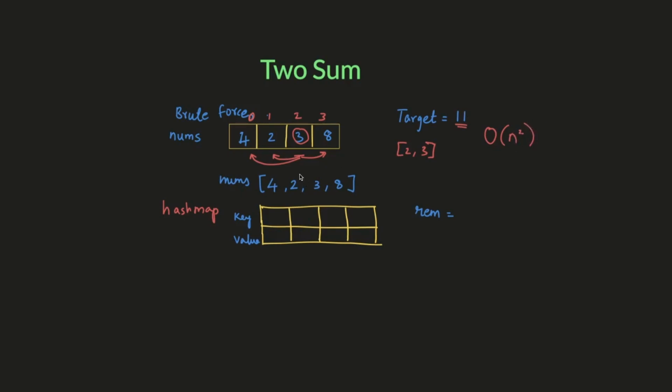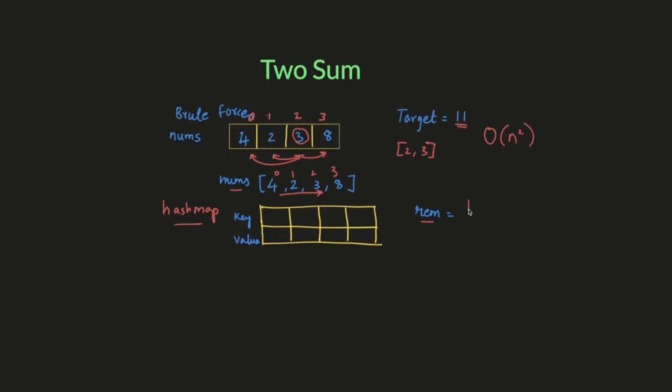So now let's try to do the problem using just one for loop. For that we'll require a hash map. Here is our nums array which is given to us, and these are the indices of it, 0, 1, 2 and 3, and we'll maintain one variable, remainder. Now we go through every single element in the array and we find the remainder.